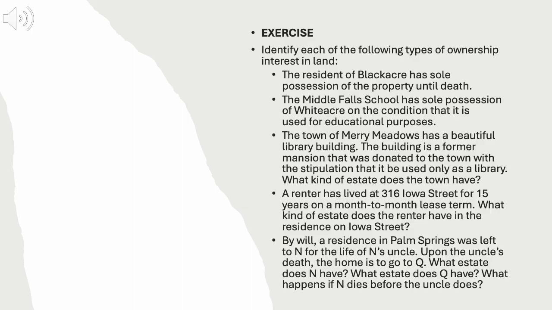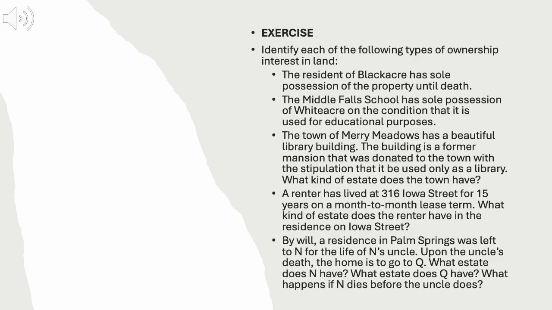Exercise. Identify each of the following types of ownership interest in land. The resident of Blackacre has sole possession of the property until death. The Middle Falls School has sole possession of Whiteacre, on the condition that it is used for educational purposes. The town of Merry Meadows has a beautiful library building. The building is a former mansion that was donated to the town with the stipulation that it be used only as a library.